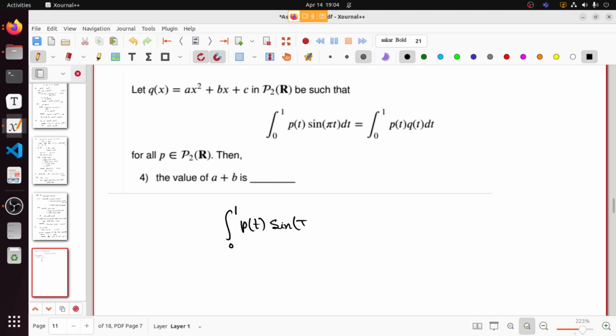Integral of p(t) sine pi t, from 0 to 1, equals integral of p(t) q(t), where q(t) is ax square plus bx plus c, so it will be a t square plus bt plus c.